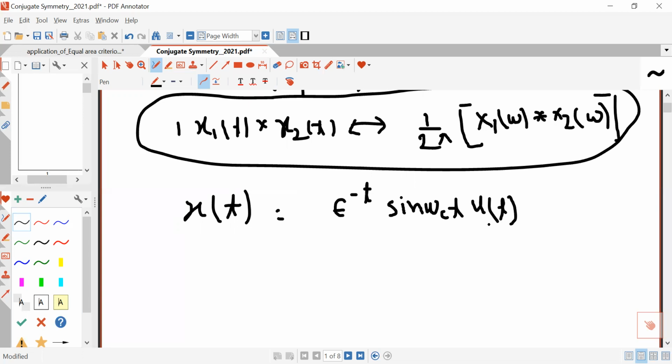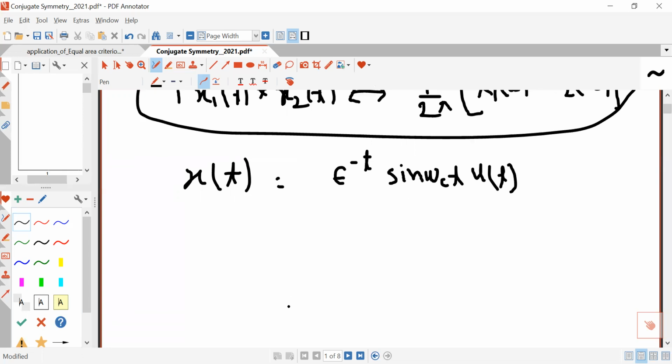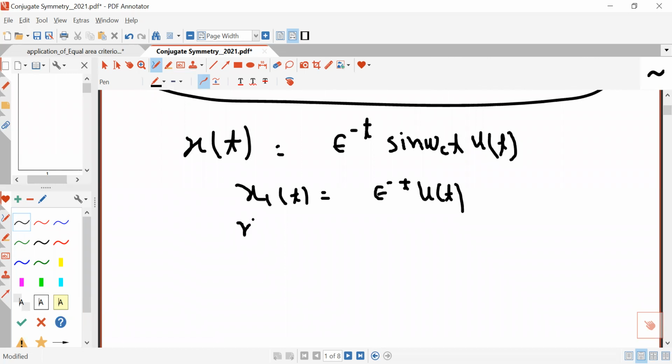How will you determine the Fourier transform of this signal using the multiplication property? For this, let us assume x1(t) is e to the power minus t u(t), and x2(t) is sine omega_c t.